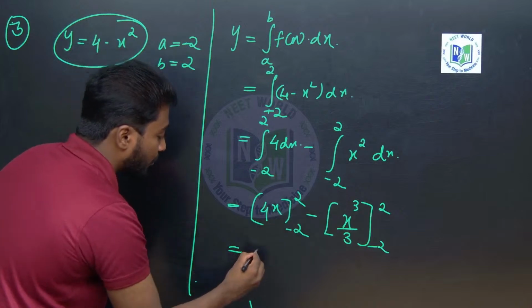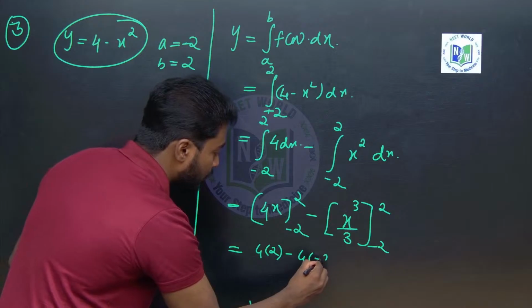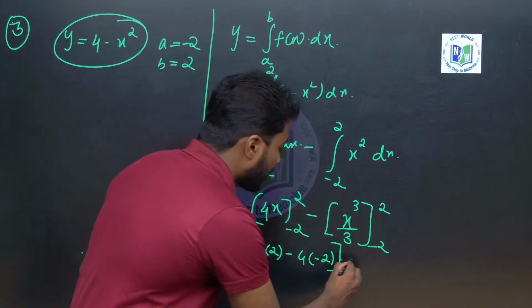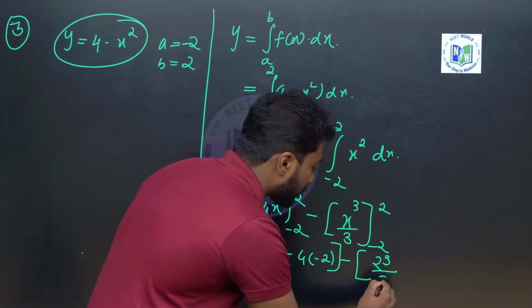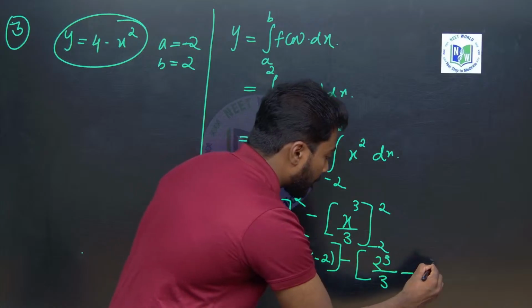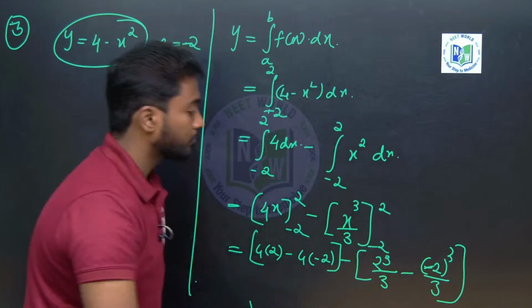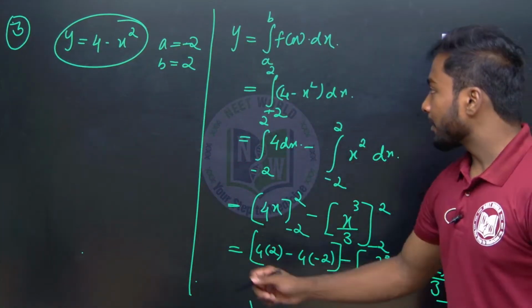So 4 into 2 minus 4 into minus 2. Again the minus of 2 cube by 3 minus minus 2 cube by 3. So only the calculation part is remaining. Do the calculation part and tell the answer now.